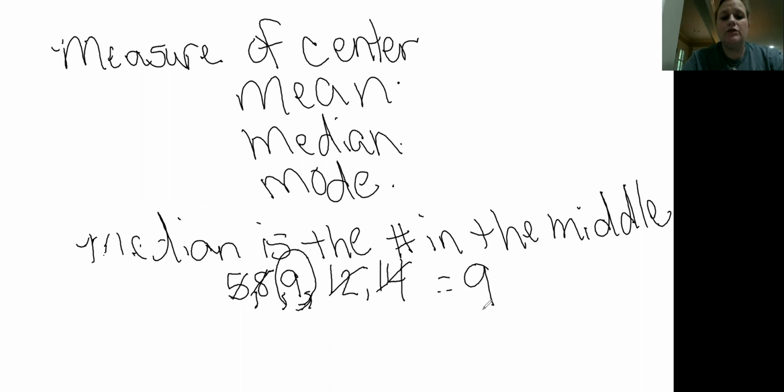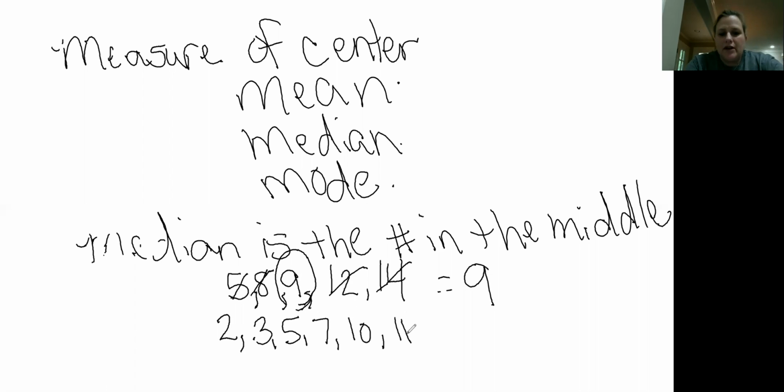Now, what do you do if you have an even number of number values? So look at your next example there: 2, 3, 5, 7, 10, 11. Now the great part about this is no adding and dividing, none of that. Just literally work your way to the middle, okay?